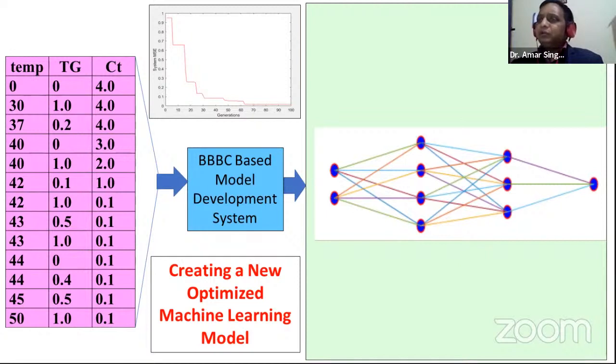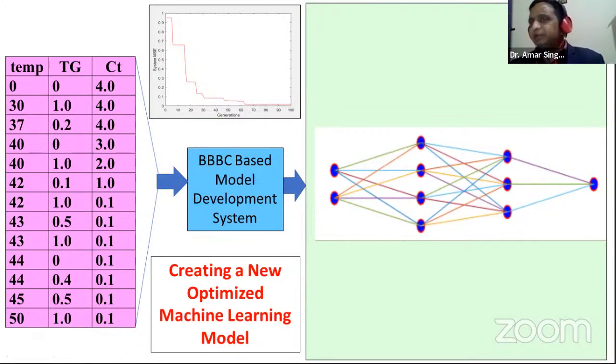So in our proposal, I am optimizing the weights also. I am evolving the weights by using the Big Bang Big Crunch approach, and I am also evolving the architecture of the ANN. Okay, so that any person who does not have knowledge of machine learning should be able to train and evolve the machine learning model. In our proposed approach, we take the existing data set. That data set is given to the Big Bang Big Crunch approach.